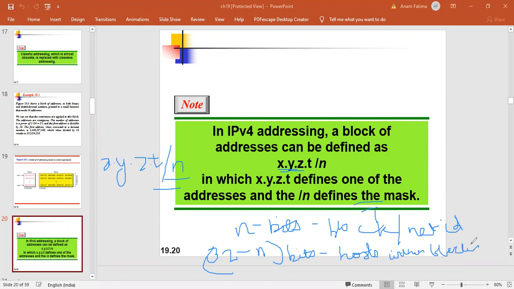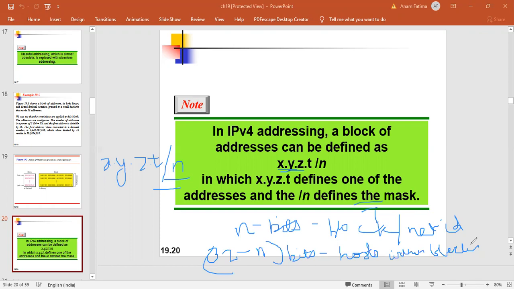So this wastage of addresses which was happening in classful addressing was overcome with the help of classless addressing, where a block of addresses can be given to an organization, and the size of the block is variable.